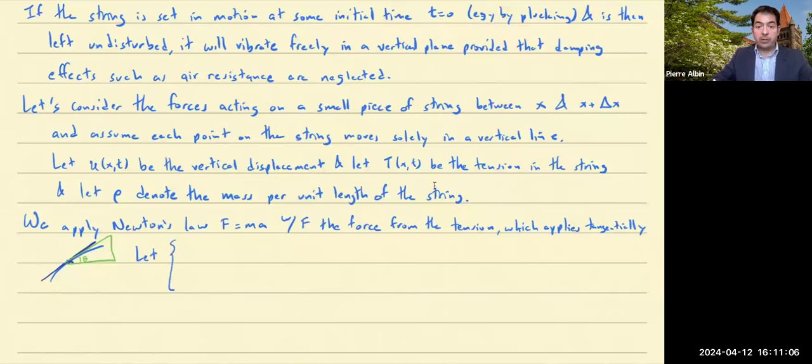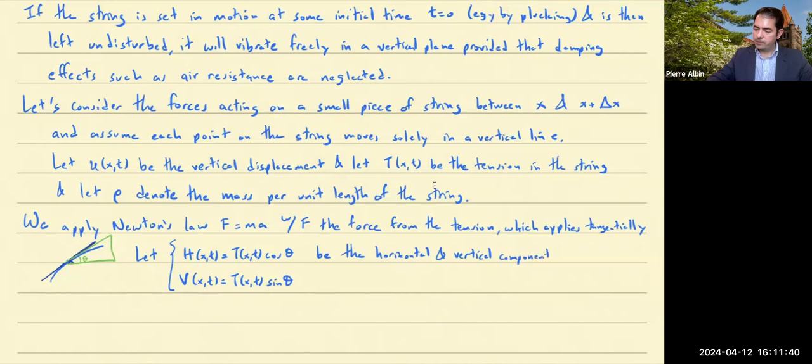And let's split up the components of the tension. H of x comma t will be the horizontal component, so that would be capital T times cosine theta, and V of x comma t, the vertical, so that would be T times sine theta. So these are the horizontal and vertical components of the tension.